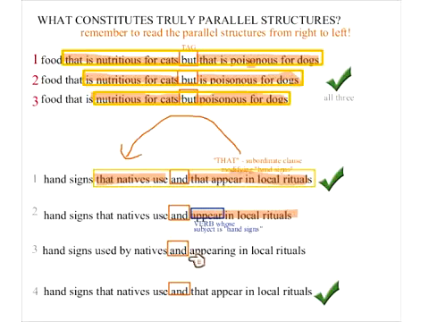They've got to be doing the same thing in the sentence. So the trick here is you got to find another verb over there that's doing the same sort of thing. The problem is the only verb over here is appear. The only verb on the left is use. Use is not parallel to appear.